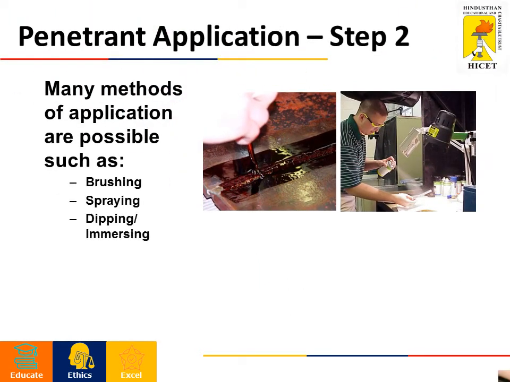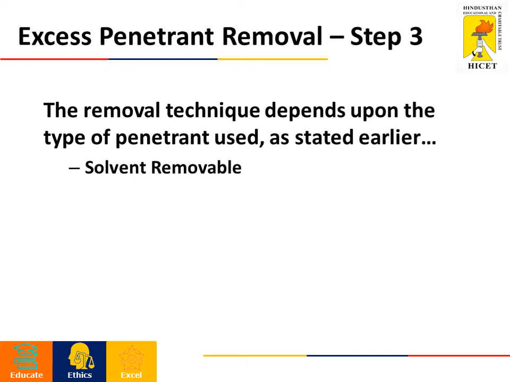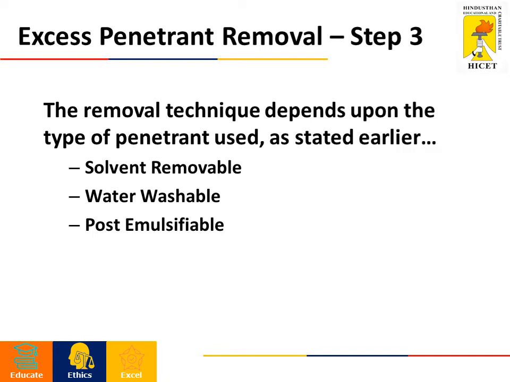We apply the penetrant by spray method, brushing method or dipping method. The removal technique also depends upon solvent removal, water washable, post emulsifiable. These are the methods to remove the excess penetrant.